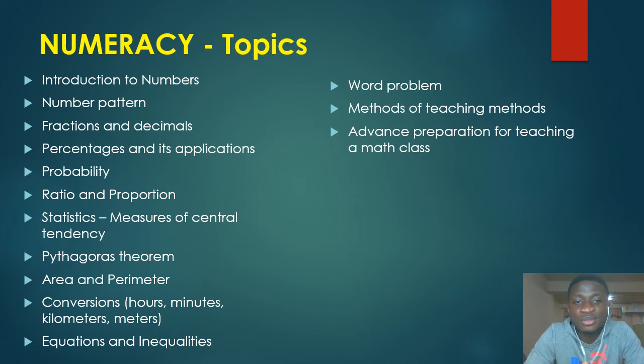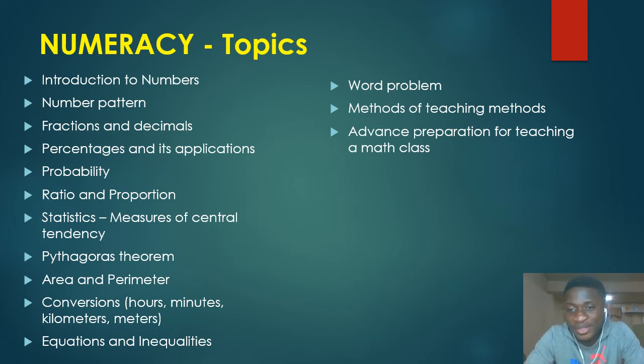You look at ratio and proportion, a very superb topic, very interesting. We look at statistics, measures of central tendency, that is the mean, mode, median. We look at that. You look at Pythagoras theorem. Pythagoras theorem is a topic I salute all the time.